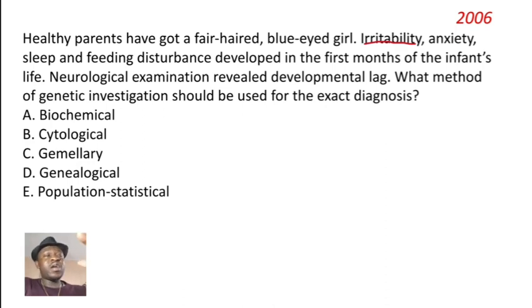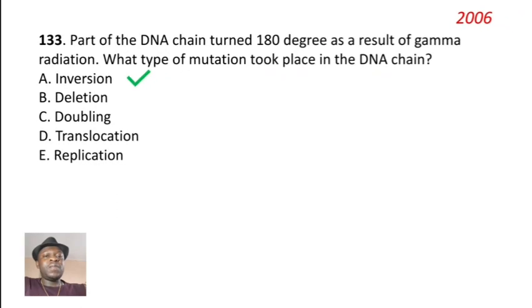This can be PKU, for example, but we want to be sure. For metabolic disorders, we usually do a biochemical test. So feeding and neurological symptoms are associated with metabolic disorders, and for those we do biochemical testing.